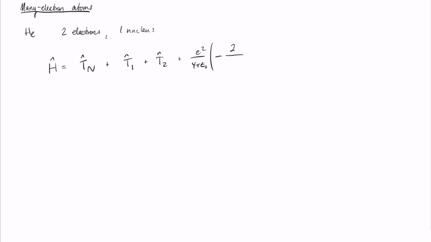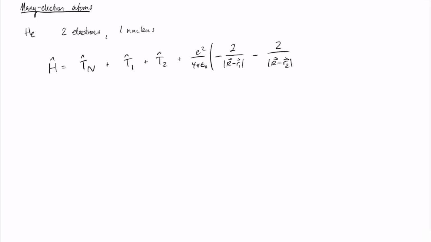And then it decays as |R minus R1|, where this big R is the position of the nucleus and R1 is the position of the electron 1. You have the same interaction that corresponds to electron 2. So this will be 2 divided by magnitude of R minus R2.